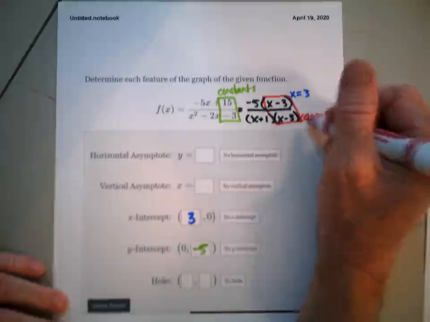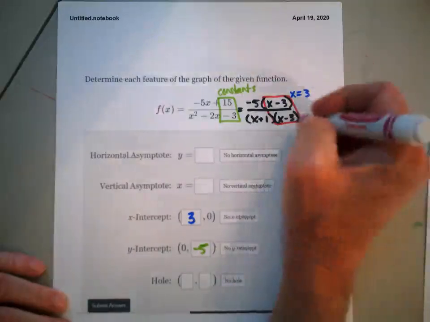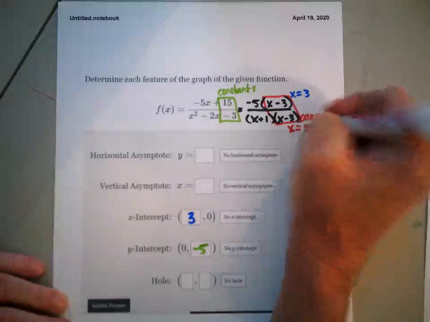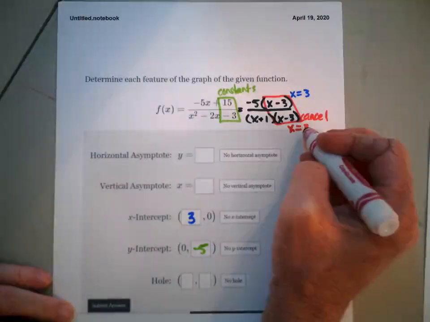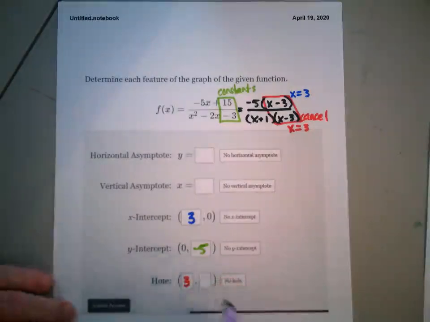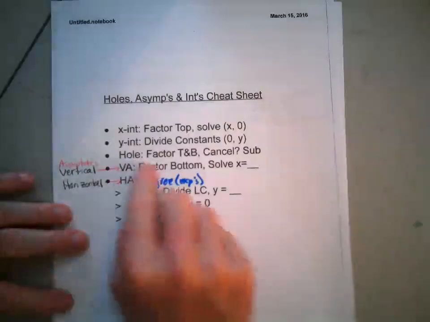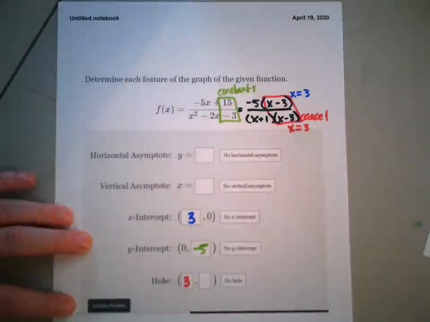All right, so I'm going to come down here and do the work. Since these cancel, x equals 3 is going to be the location of the hole. That x value is going to come down to the hole. We'll put the 3 in there. Then the rest of the hole direction says substitute, so we'll take what is remaining.